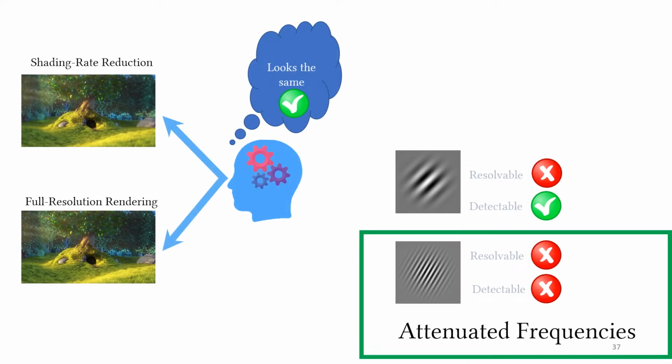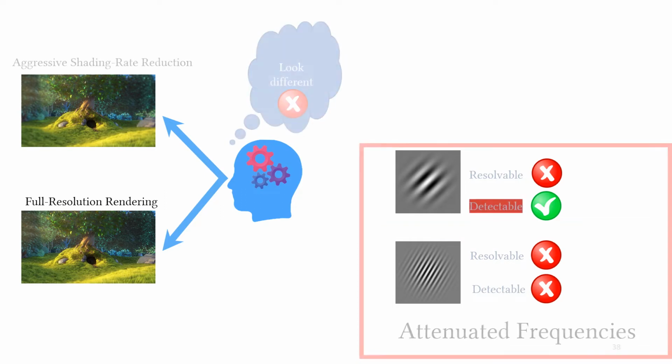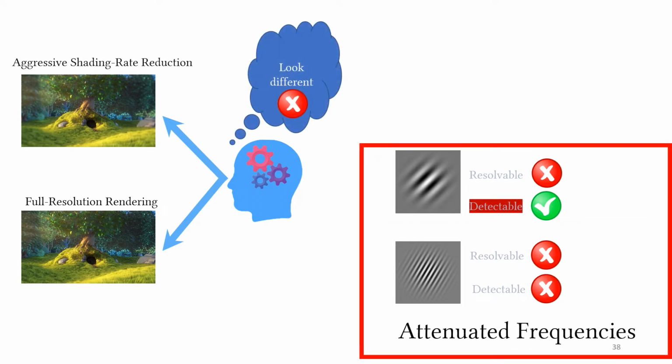If the spatial frequencies attenuated due to shading rate reduction are neither detectable nor resolvable, the presence or absence of these frequencies constitute the same thing, and we get a metamer of the full resolution rendering. However, if the shading rate reduction is more aggressive, the detectable spatial frequencies are now attenuated and the loss of resolution starts becoming visible.